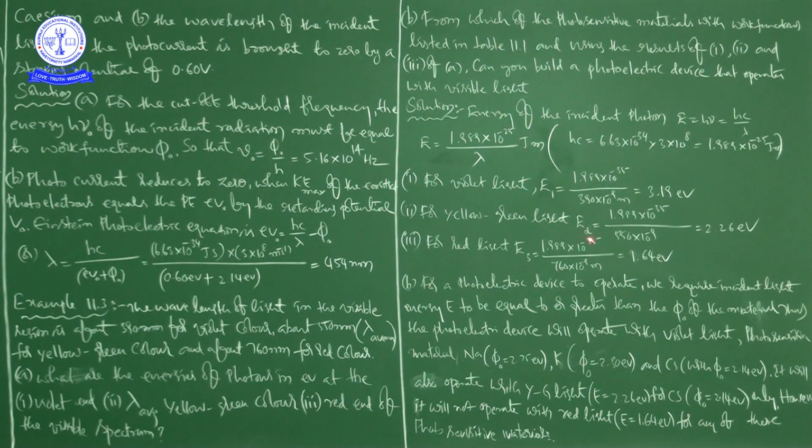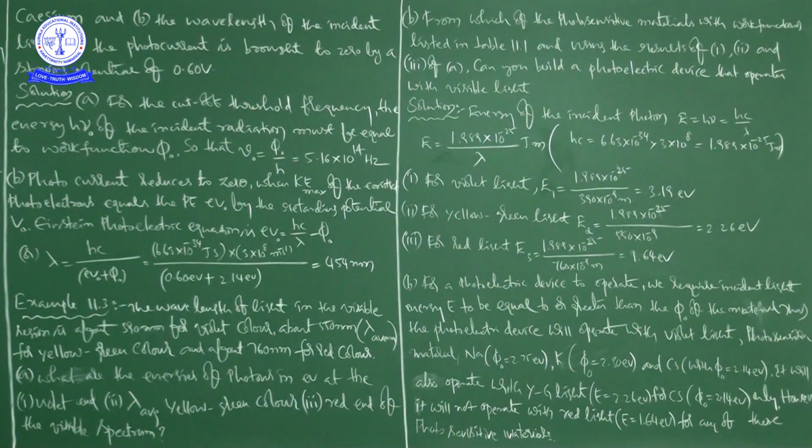For yellow green light, E2 is equal to 1.989 into 10 to the power of minus 25 divided by 550 into 10 to the power of minus 9, that is equal to 2.26 electron volt.